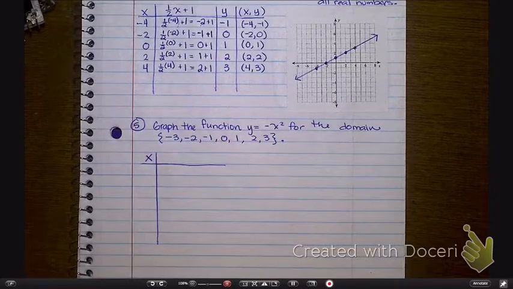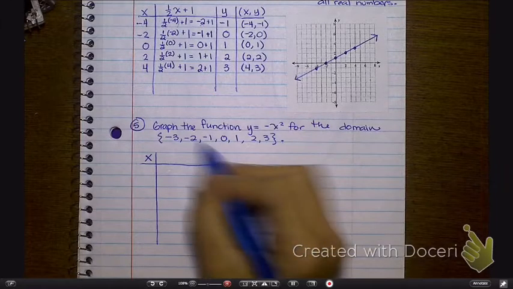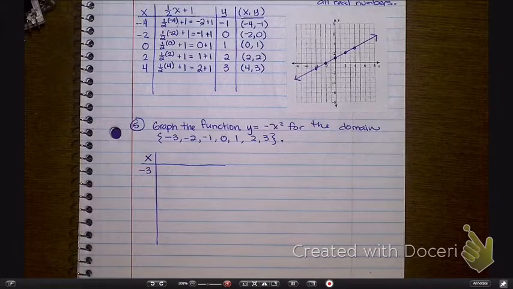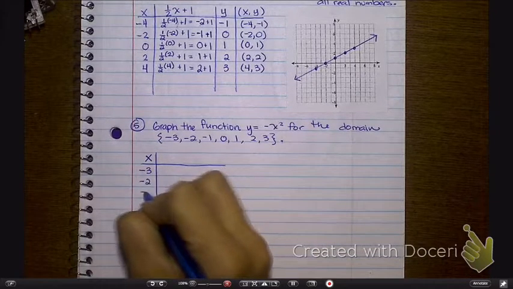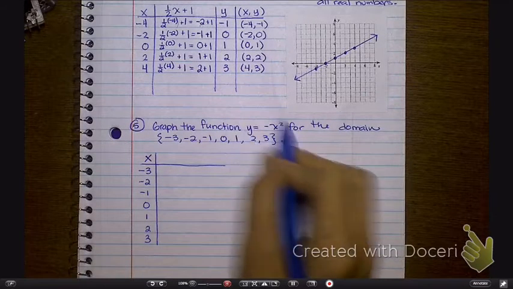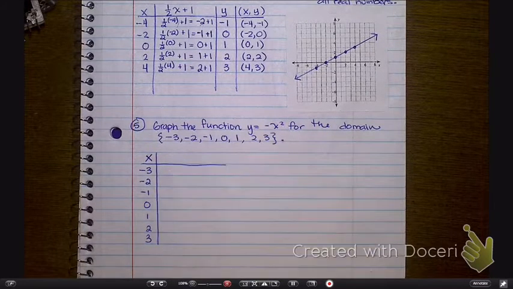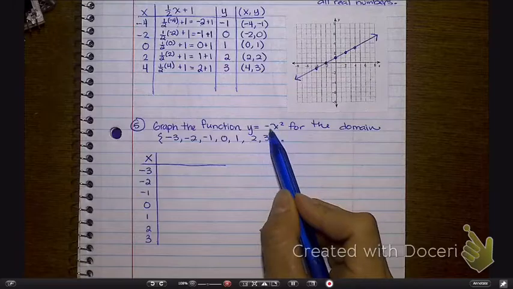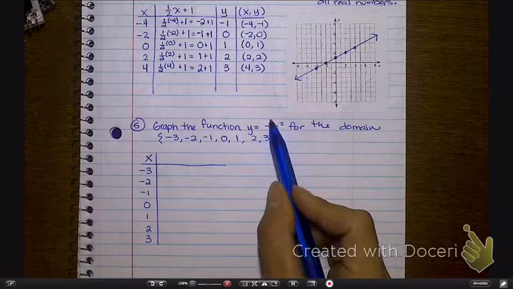I have x. These are all my x's. My function is -x squared. I'm going to write it slightly different from the way it looks up here. Here's why. What number is really in front of this right here? 1.